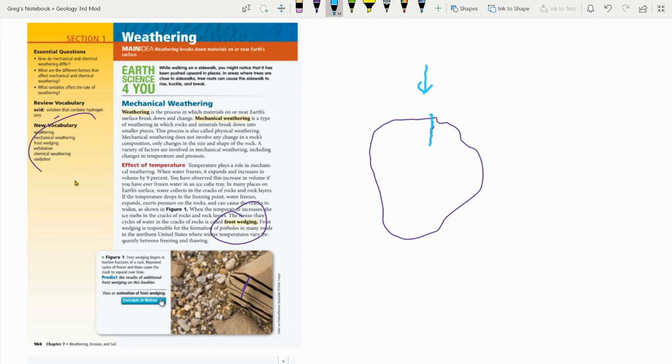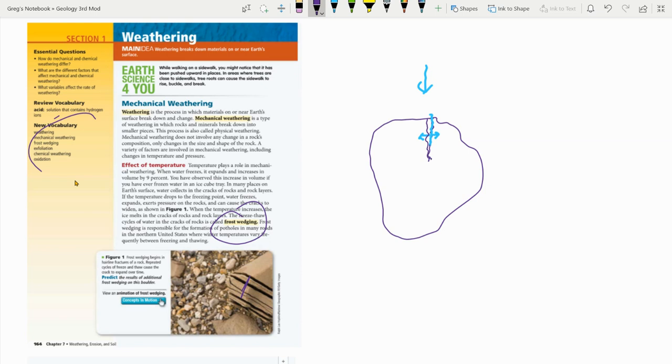So what happens is as this freezes, it's going to force this rock, it's going to push it apart. When that gets pushed apart, the crack is going to get a little deeper and a little bit wider because of it being pushed apart.